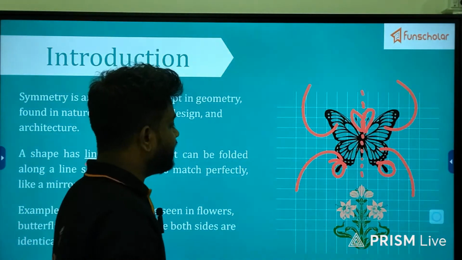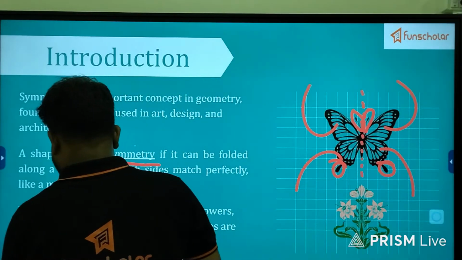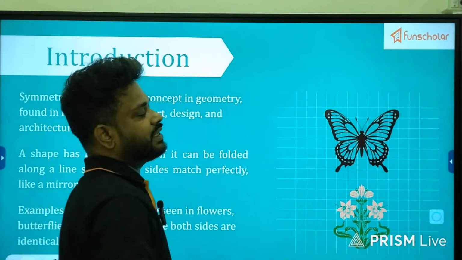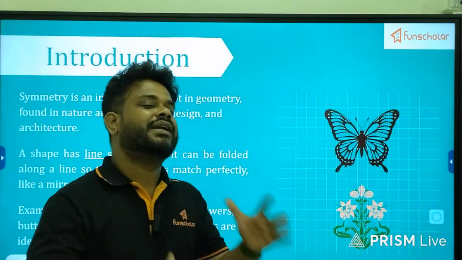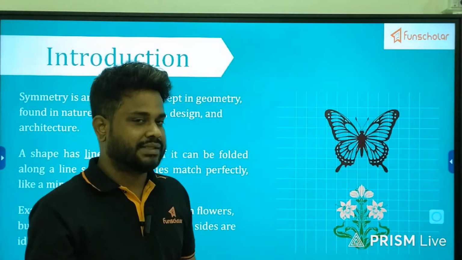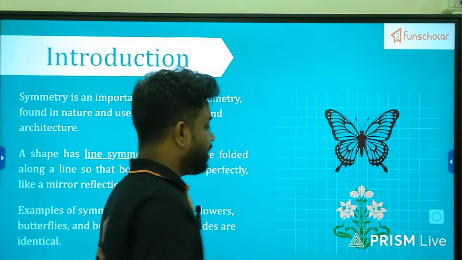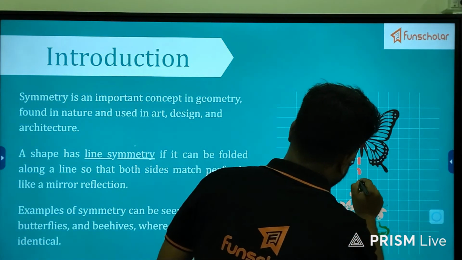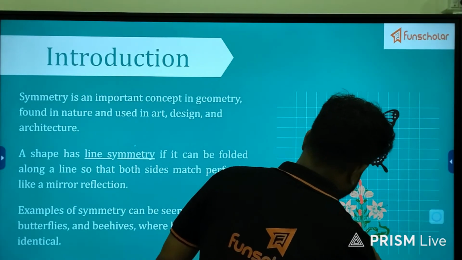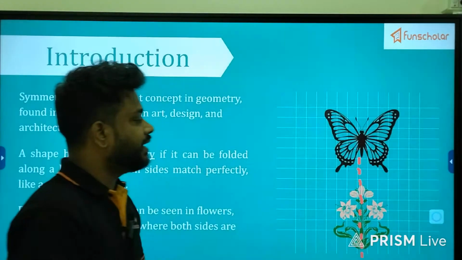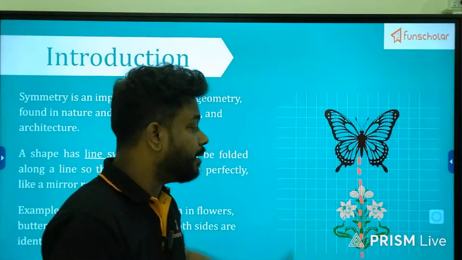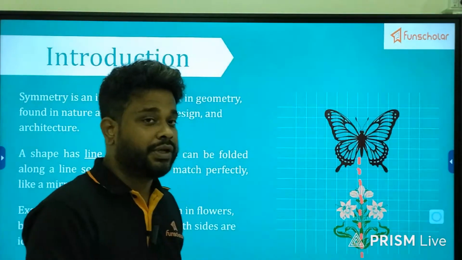The next thing is this flower. If we cut down this flower, and yes, we generally do this in our classes, in our free time, in our recess time, and I have also done this. If we cut the flower like this, you can see that the flower will also have a line of symmetry.